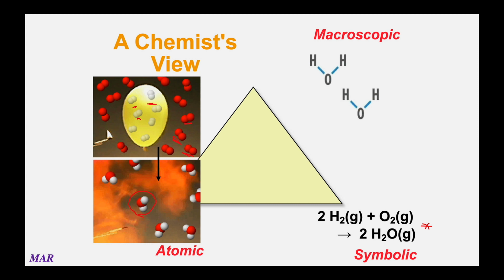What it's saying is that you're taking 2 H2s, which are gas, plus 1 O2, which is also gas, and you're going to make 2 waters, 2 H2O. And this is gaseous water. The g stands for gas. If you cooled it down, you could have liquid water, but right now it's gas. So all of these perspectives are super important when it comes to chemistry.